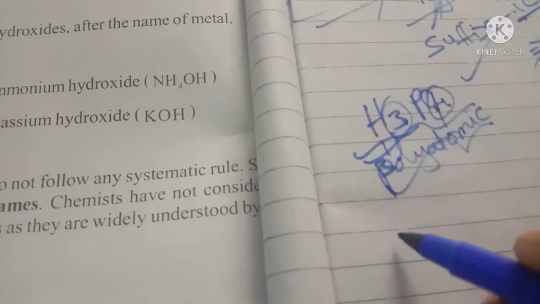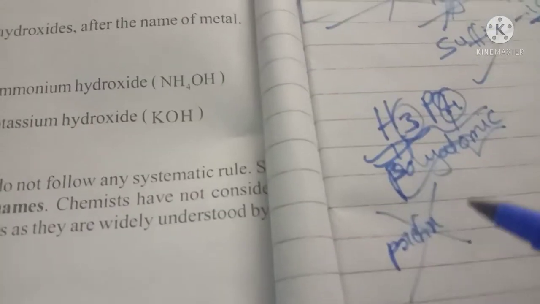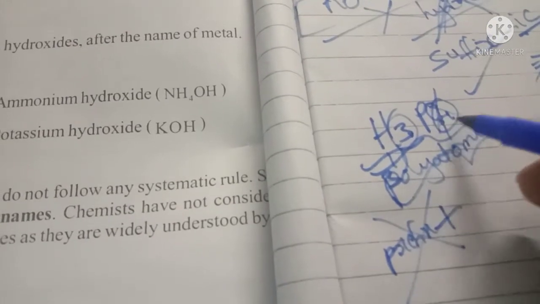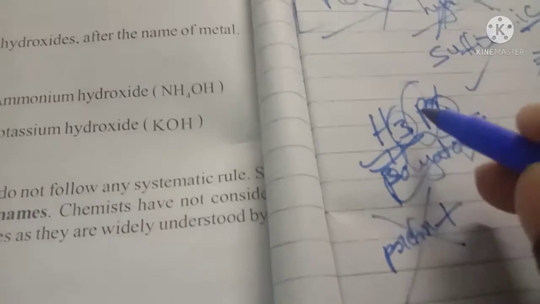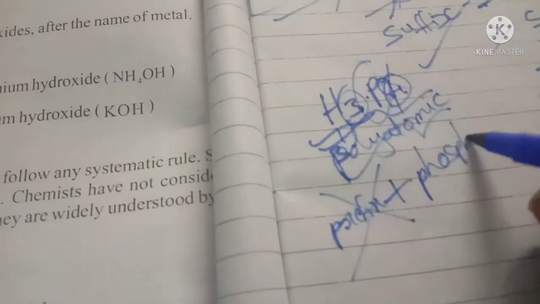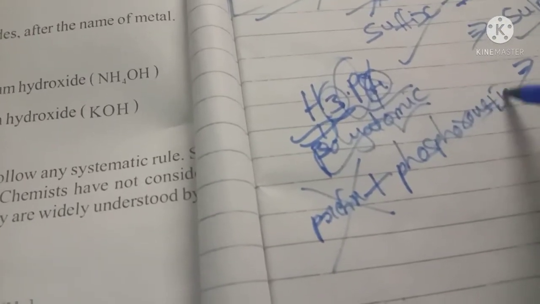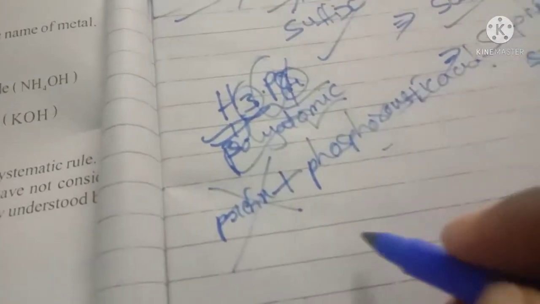So there is no prefix. Prefix is not there for polyatomic, so cancel. The third element we are not considering, only the second element. The second element is P, that means phosphorus.